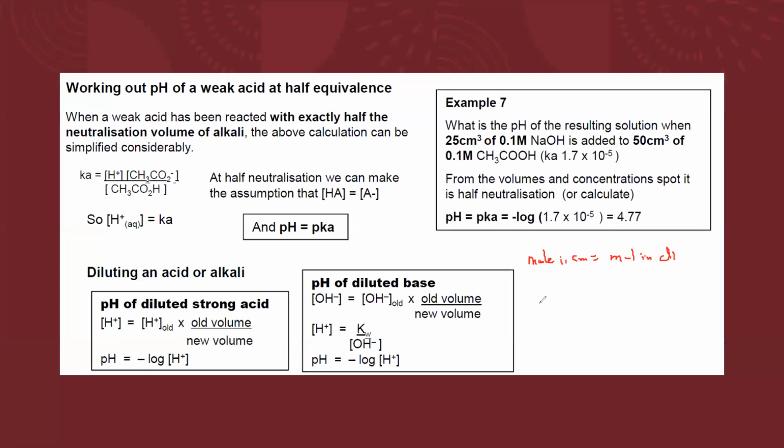So you can say concentration multiplied by volume is equal to concentration multiplied by volume: new concentration times new volume equals old concentration times old volume. So if I need the new concentration, I just divide the product of concentration and volume by the new volume.